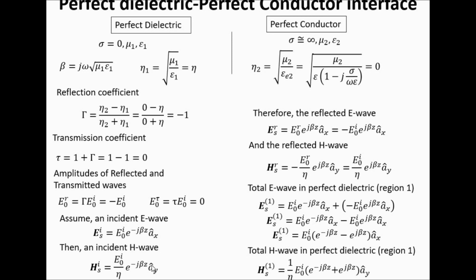You see here you got positive a_y, this is also positive a_y, because the electric field for the incident wave is positive x but the reflected wave is negative x. Now for the total electric field you can add the incident and the reflected. You will get this one. This is the total electric field wave. And similarly, this is the total magnetic field wave.